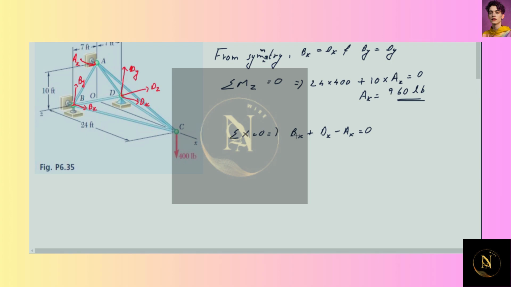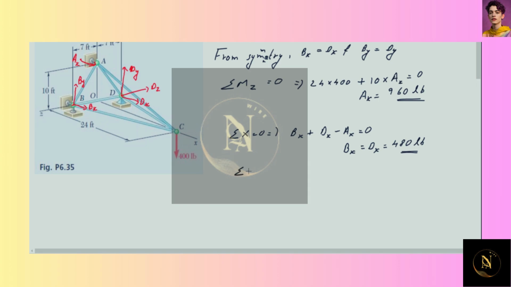So 2 BH equals AH, therefore BH will be equal to AH divided by 2, that is 960 divided by 2, that is 480 lb. So BH equal to DH equal to 480 lb.